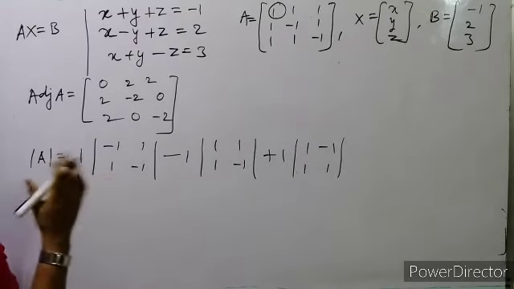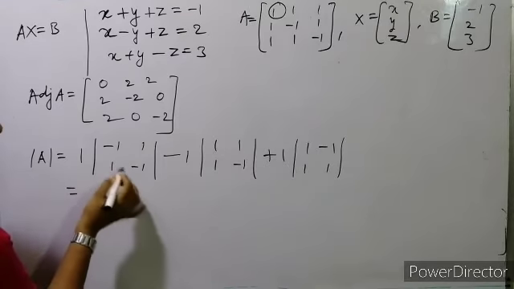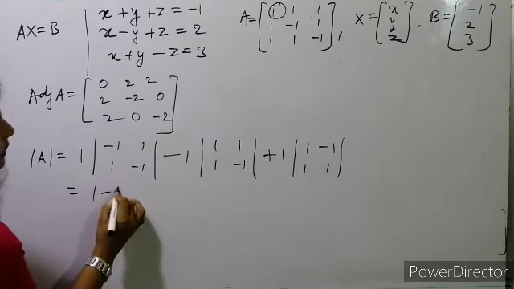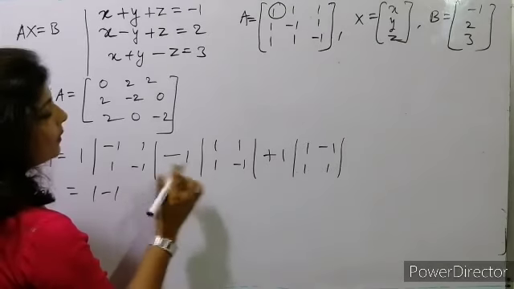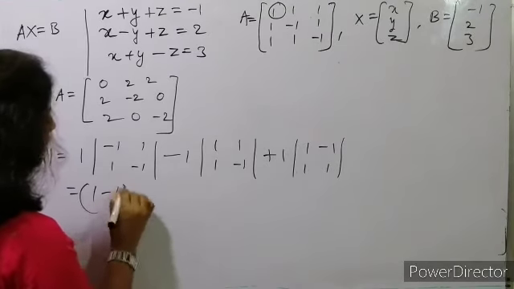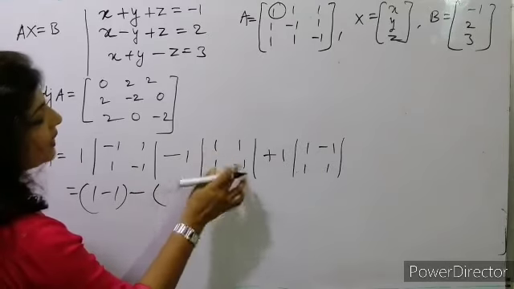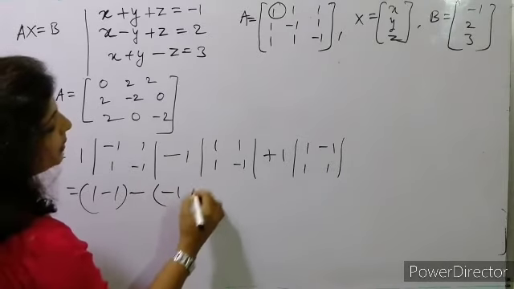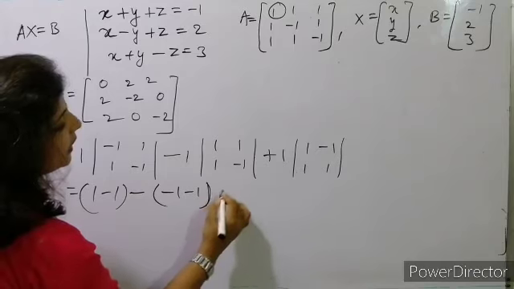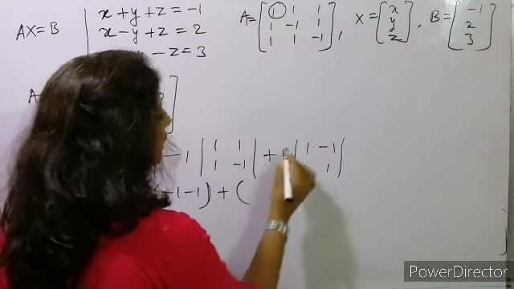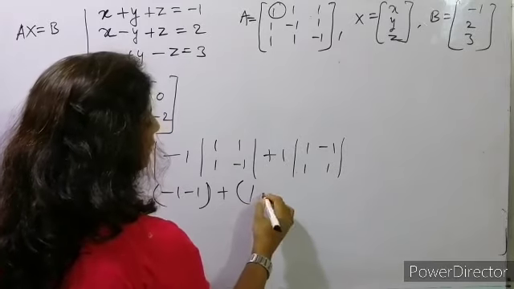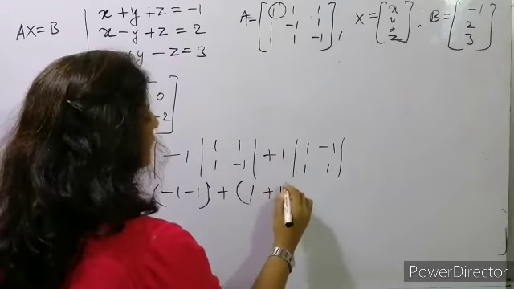-1 is here, so that will remain the same, no change. So -1 and 1 -1. Okay, this is minus, so -1 -1. Okay, again plus 1 and -1 -1, so +1.